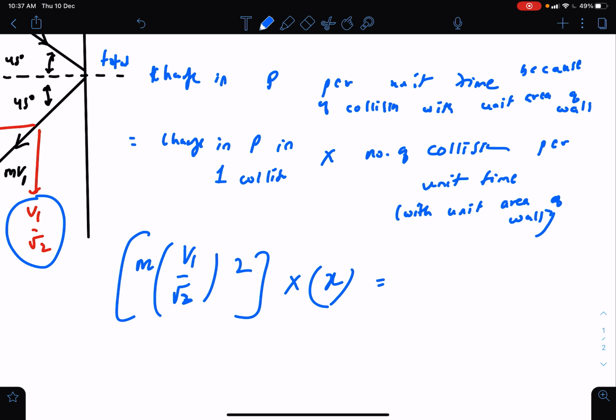You can call it the rate of change of momentum, because rate of change of momentum is change in momentum per unit time. So this rate of change of momentum is because of the force from unit area of the wall.